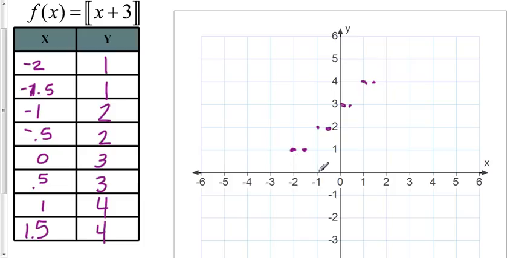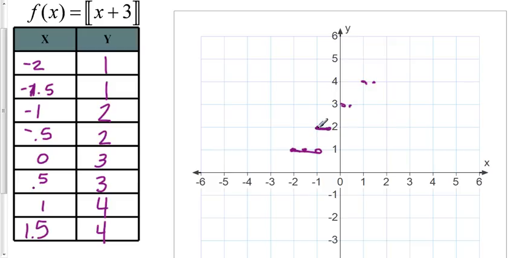If I were to plug in any x values in between negative 2 and negative 1, my value would be 1. And so this part of the graph is just a straight line going across, and then I need an open circle here because as soon as I plug in -1, my value jumps up to 2.